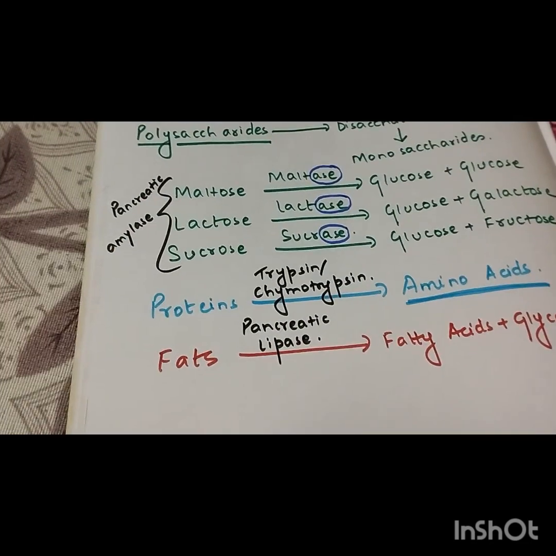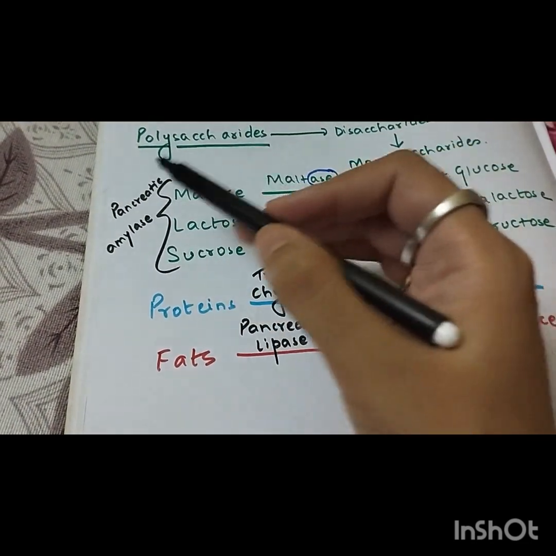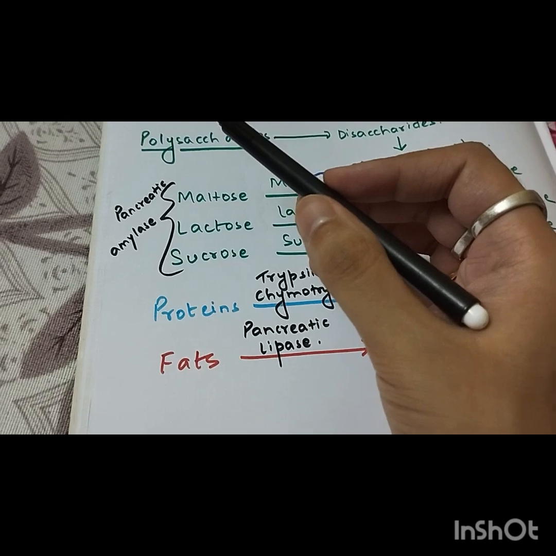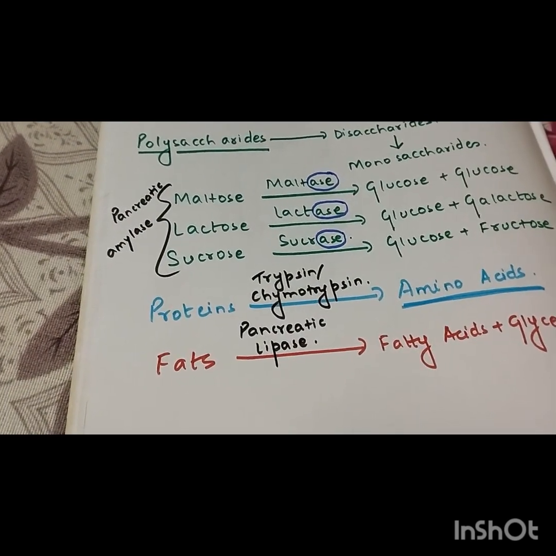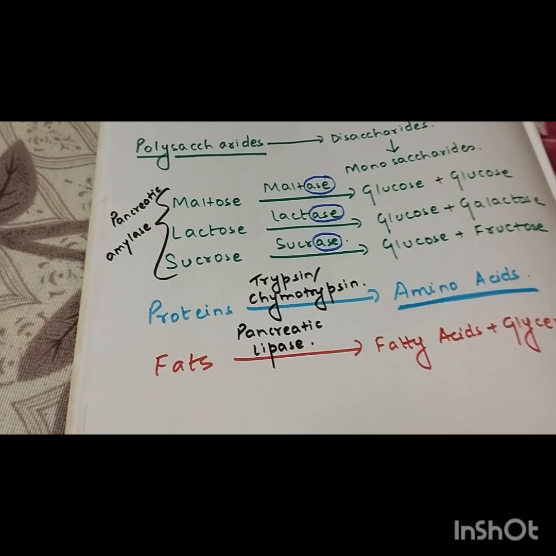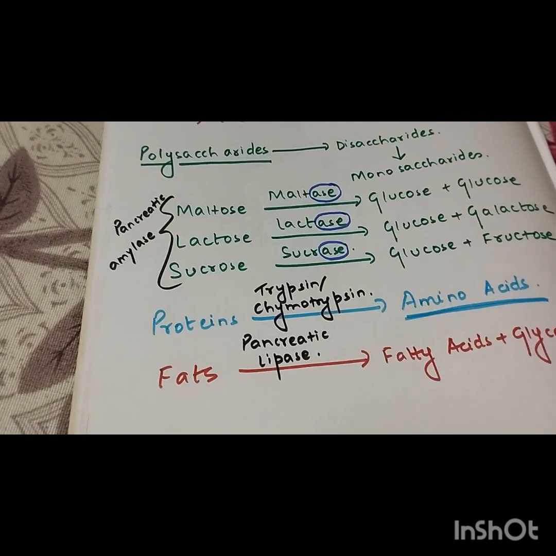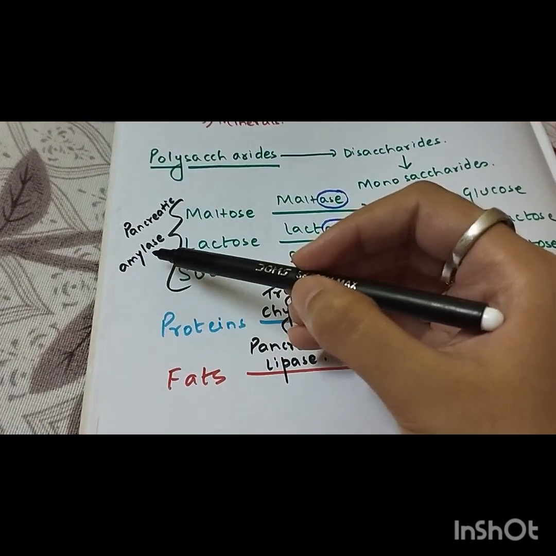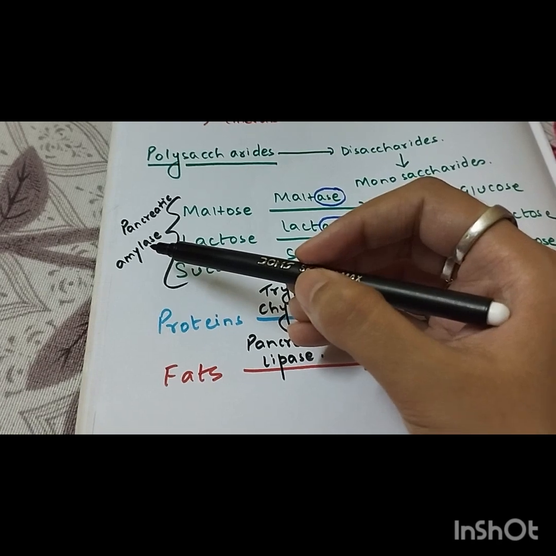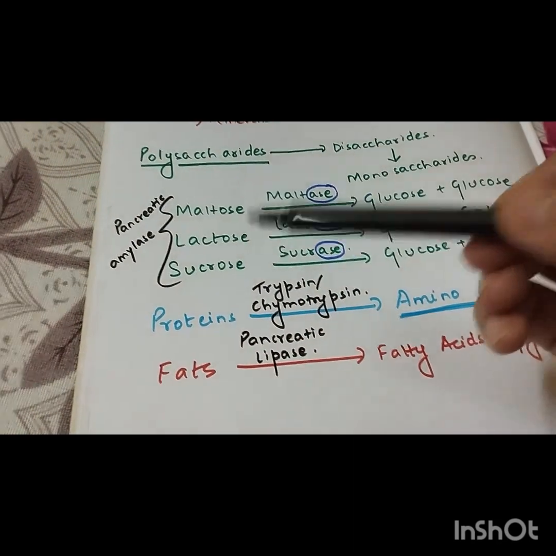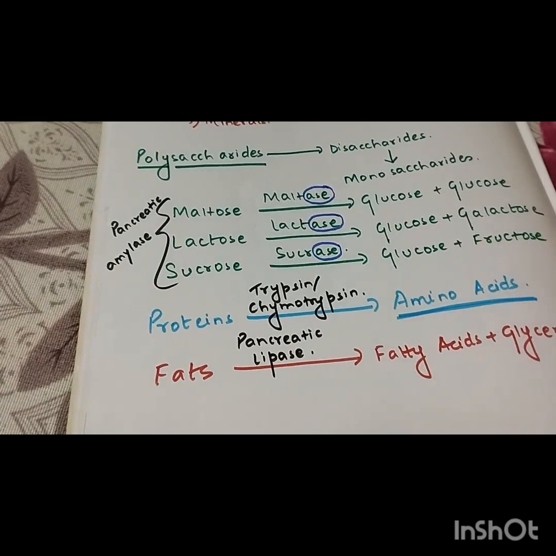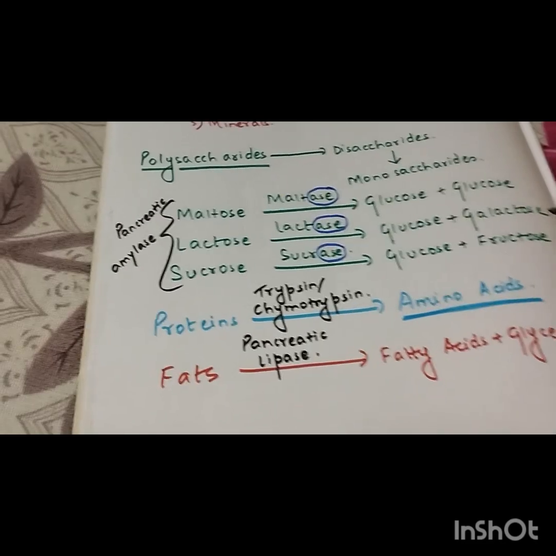The name pancreatic amylase is very similar to one more enzyme, salivary amylase, which is secreted by the salivary glands inside the mouth for the breakdown of starch into simpler carbohydrate forms. Here pancreatic amylase is secreted from the pancreas in pancreatic juice, which helps in the breakdown of complex carbohydrates into simpler carbohydrates in the form of glucose.